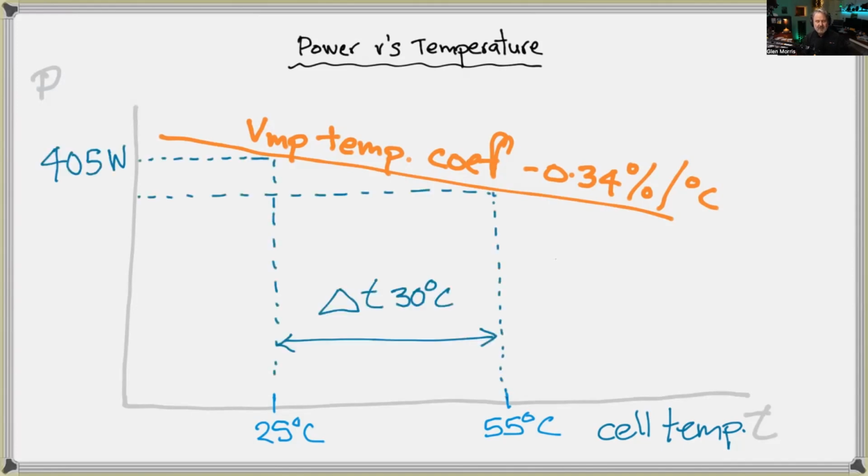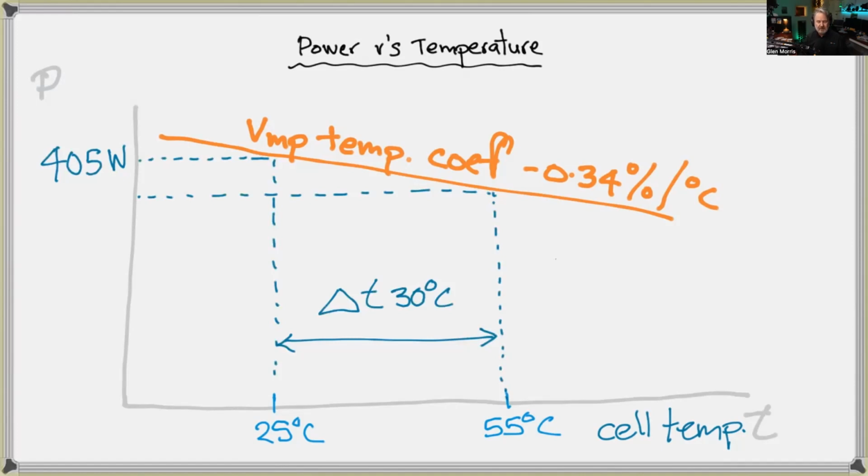The test condition, so when you look at the data sheet for a panel or look at the back of a panel, it might say it's a 405 watt module, but it's tested at a cell temperature of 25 degrees Celsius. The reason for that is it's a comfortable temperature for people testing. They do it in a flash chamber, or it's basically a box that they heat up to 25 degrees, and they flash 1,000 watts per square meter onto that panel and measure the power output. They can't use fixed lighting because it would heat the panels up.